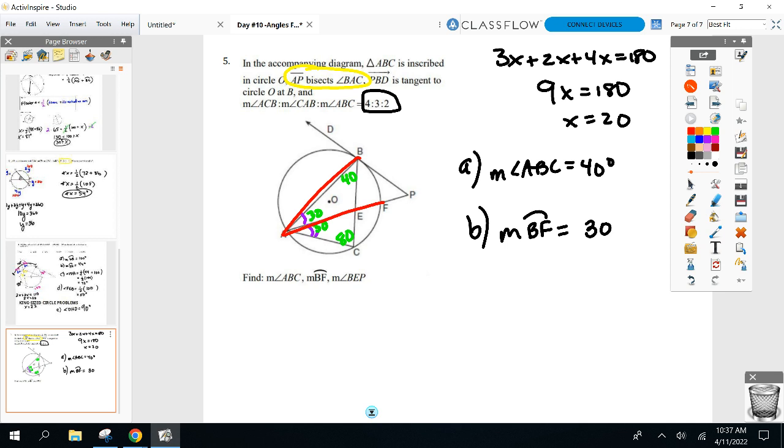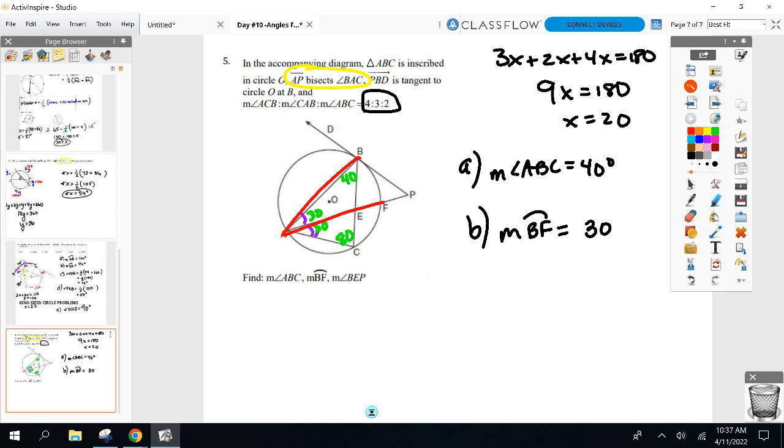But I'm finding the arc now, so I don't want to take half of 30. What do I want to do instead? How did I find this 30-degree angle? Inscribed angle is equal to half its arc, right? So 30 was found by taking half of whatever BF is.